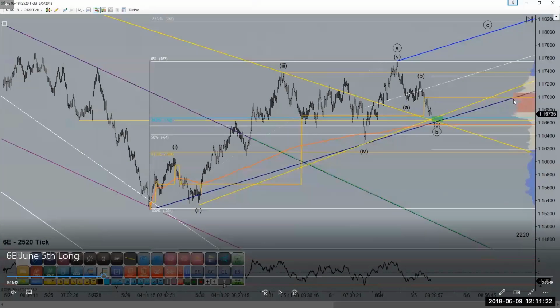But here, just to give you a quick little primer on this, when you've got these big distributions like this in the volume, a lot of people think about value area high, value area low. Well, yeah, but value area high and value area low of the entire profile, or the actual distribution itself.